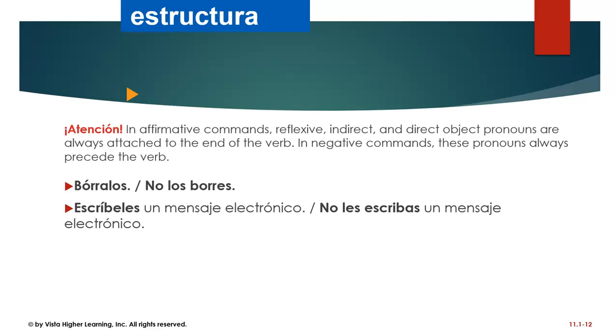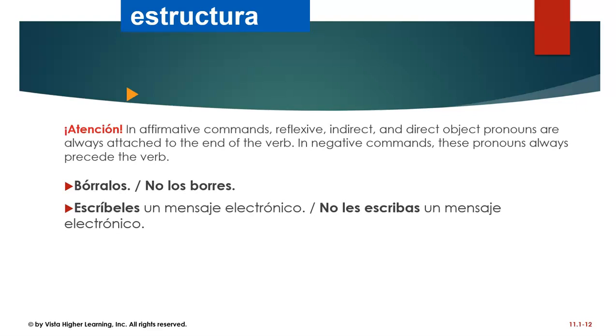Now when we have pronouns, and by pronouns I'm talking about reflexive, indirect, or direct object pronouns. If we have a positive command, an affirmative command, it's going to attach at the end. Negative, it's going to come right in front of the verb, or it's going to come between no and the verb. So things like bórralos, but negative would be no los borres.